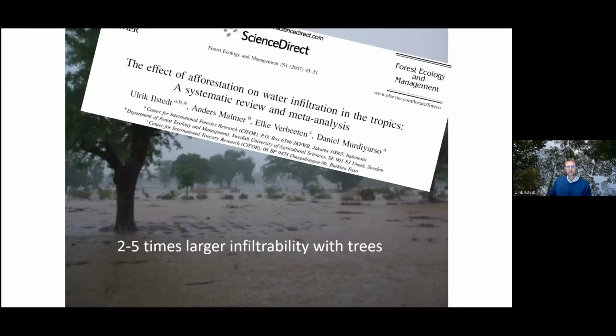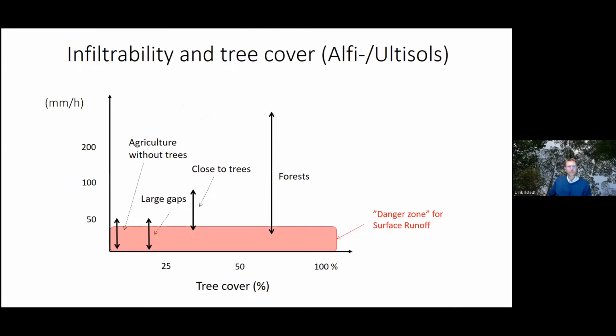And if I would summarize, this is a conceptual figure based on the reviews that I did. So it's a rough picture, but what I'm trying to say here is that if we increase the tree cover, we go from lower infiltrability to higher infiltrability in forest.